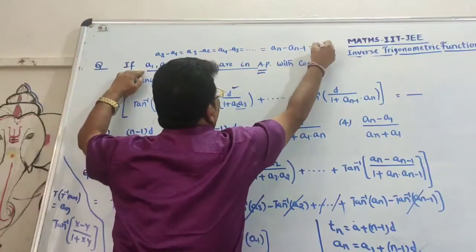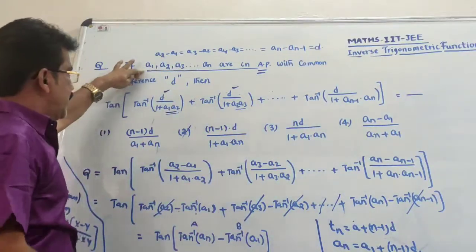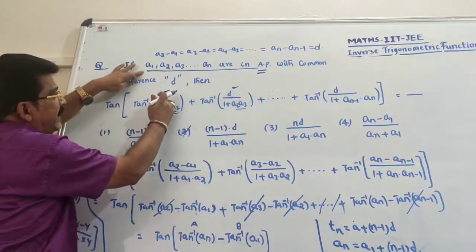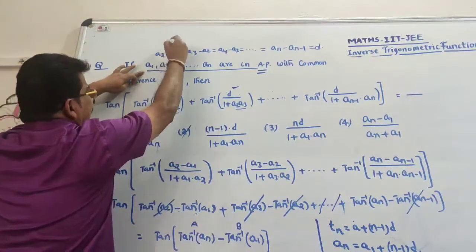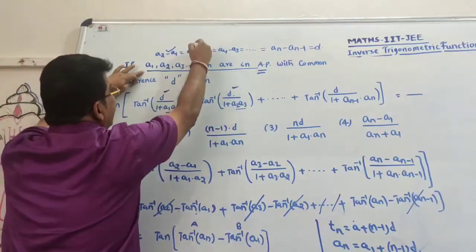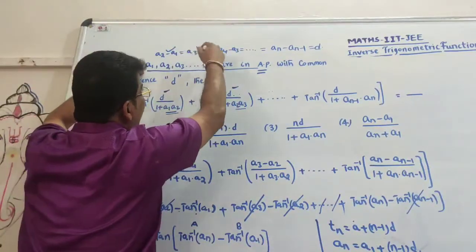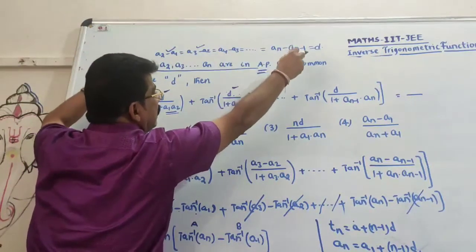It is called the common difference d. So according to these terms, we are defining d. All the meanings are the same. That is equal to d.